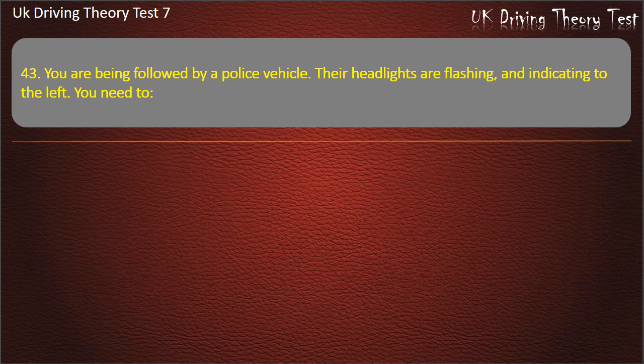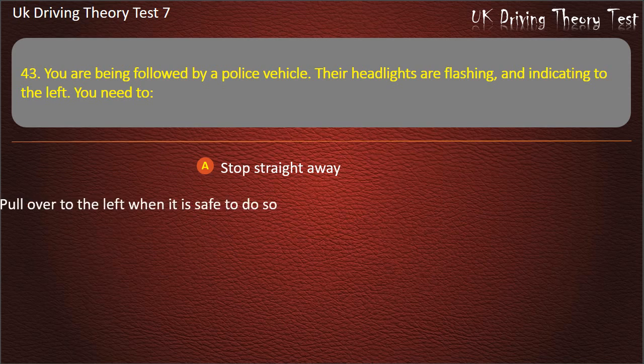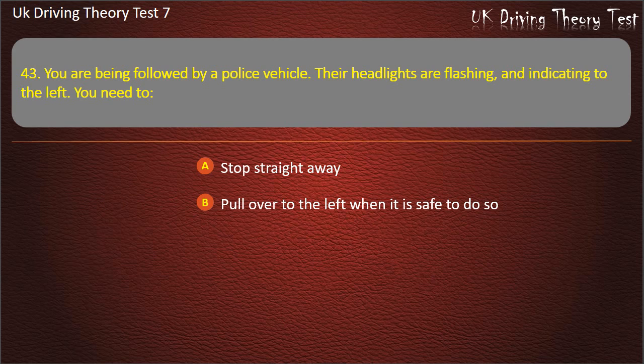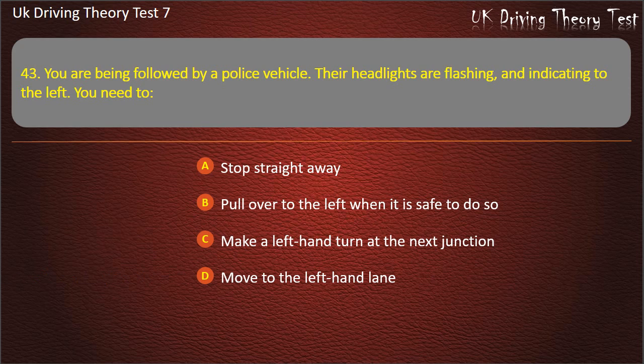You are being followed by a police vehicle. Their headlights are flashing and indicating to the left. You need to stop straight away. Pull over to the left when it is safe to do so. Make a left-hand turn at the next junction. Move to the left-hand lane. Answer. Pull over to the left when it is safe to do so.